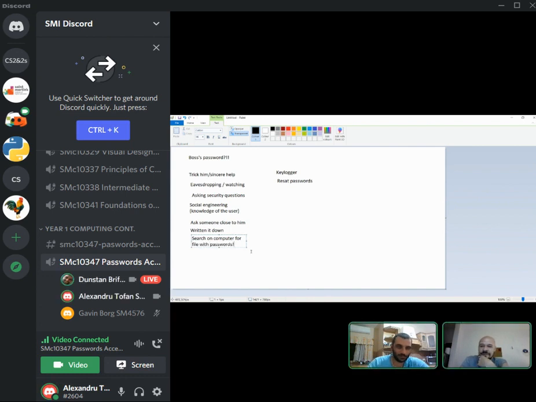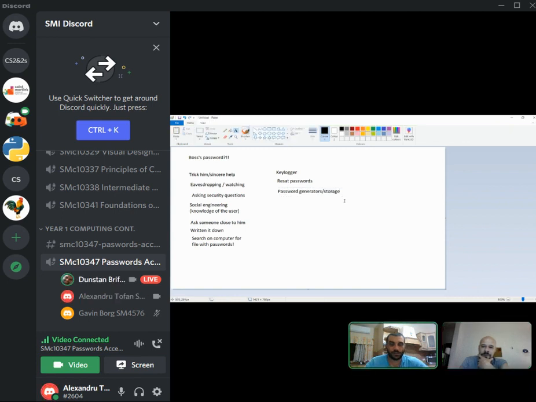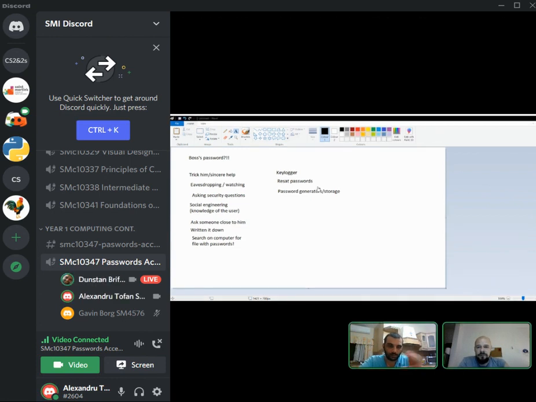You don't need a password file of the operating system. Probably he'll have one himself. Sometimes there are also the password generators themselves, or storage, like Chrome, for example. It could be that you can find good passwords over there. And as someone mentioned, many people would use the same password for different places.